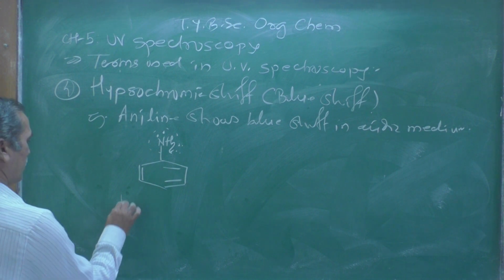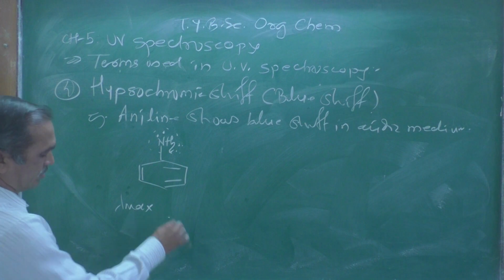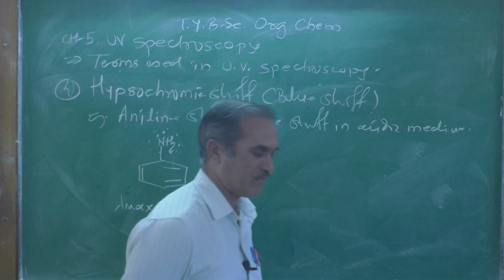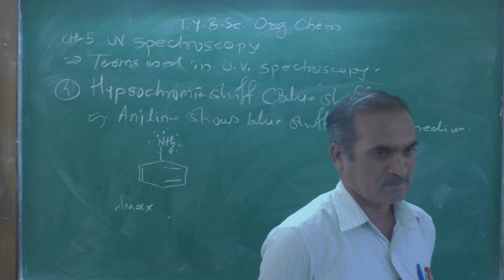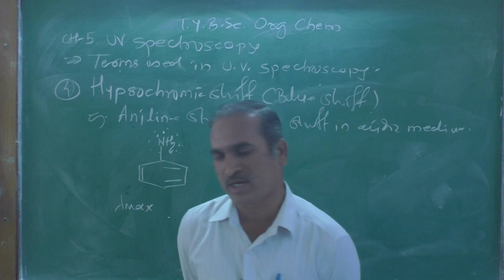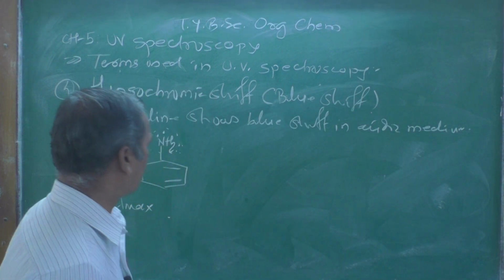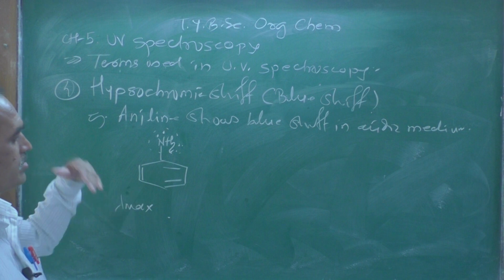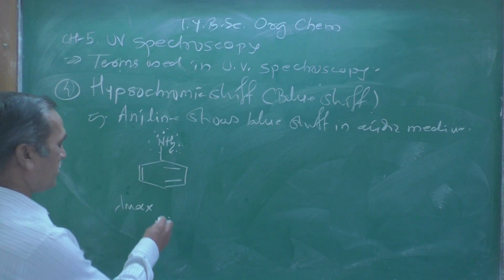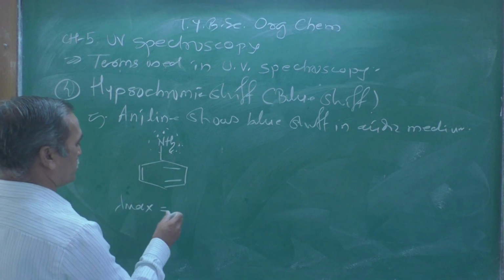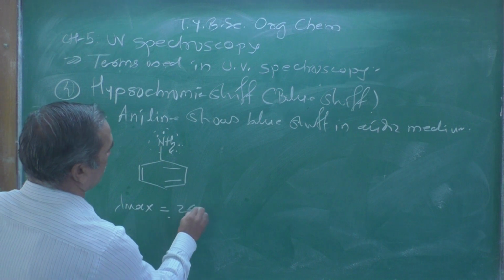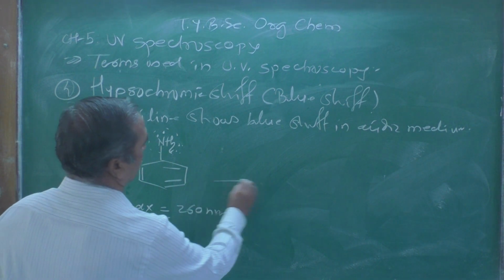The lambda max, the characteristic peak of benzene, as we know, is 255 nanometer. Now when an auxochrome is attached, it increases or decreases? It increases, so it is found to be 260 nanometer, let's say.